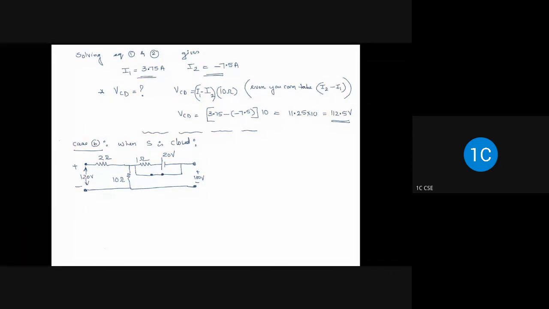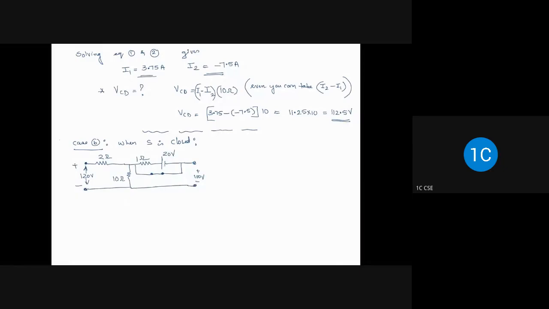Okay, let's say I use green color. Now can anyone tell me what is happening here? See, earlier there was no connection across the 1 ohm and 20 volt battery, right? The moment you close the switch, there exists a short circuit across this 1 ohm resistor and 20 volt battery.